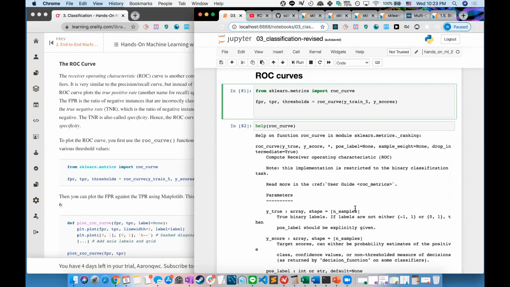We don't see them, but the main point is that the precision recall curve and the true positive versus false positive curves are what they call parametric curves. Each of these quantities is a function of the threshold. And so what we see when we look at these curves represents all possible thresholds.